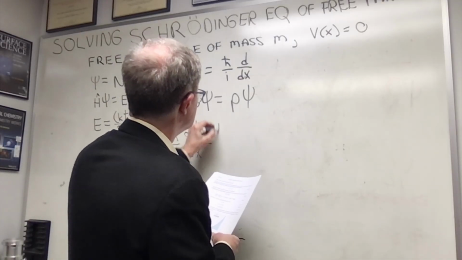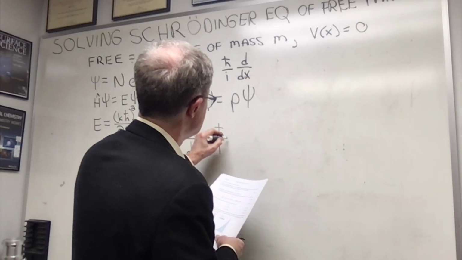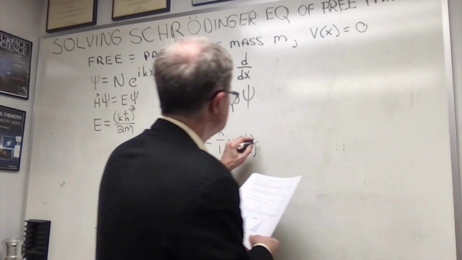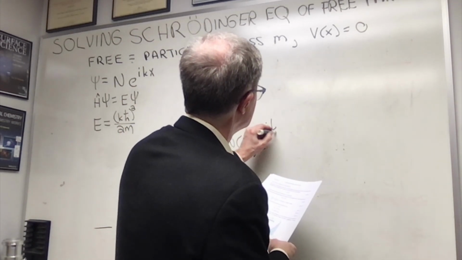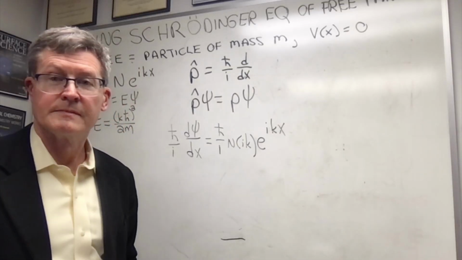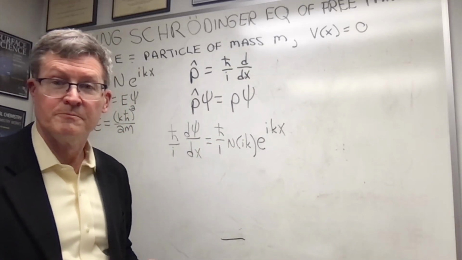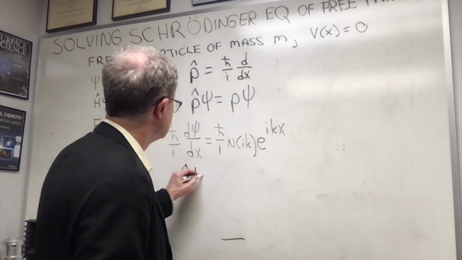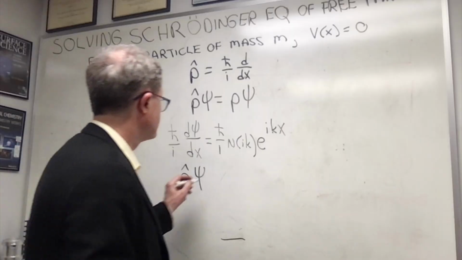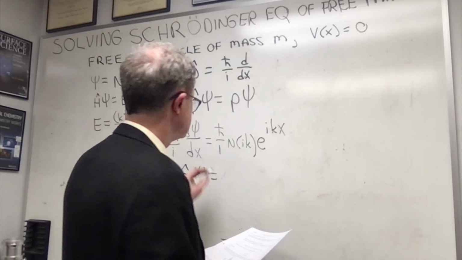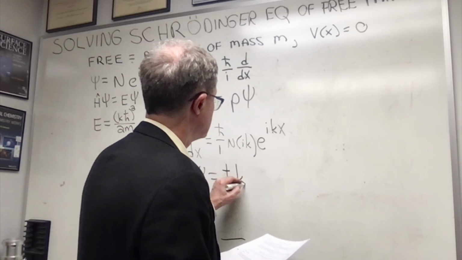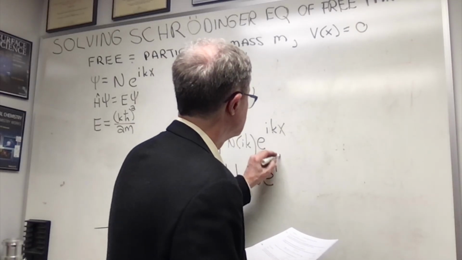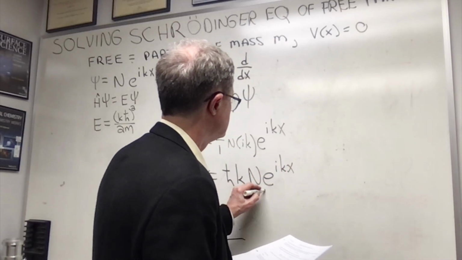That's just going to be ħ over i times N i k e to the ikx. Multiplying through, when we operate with the linear momentum operator on psi, what we end up getting is ħk N e to the ikx again.